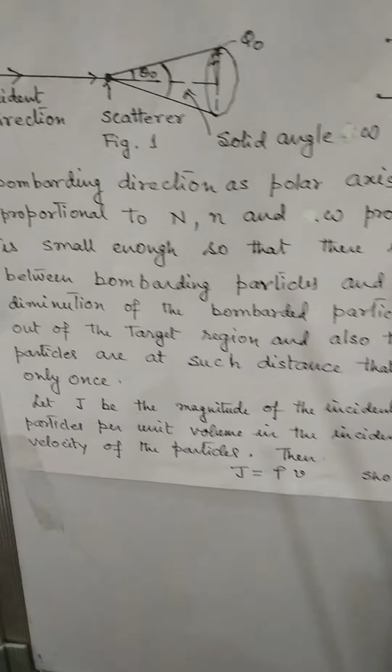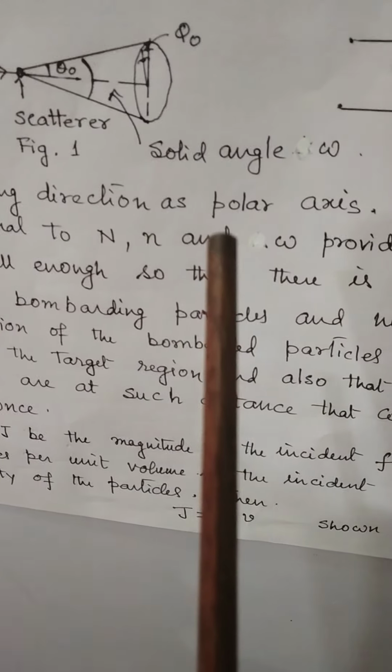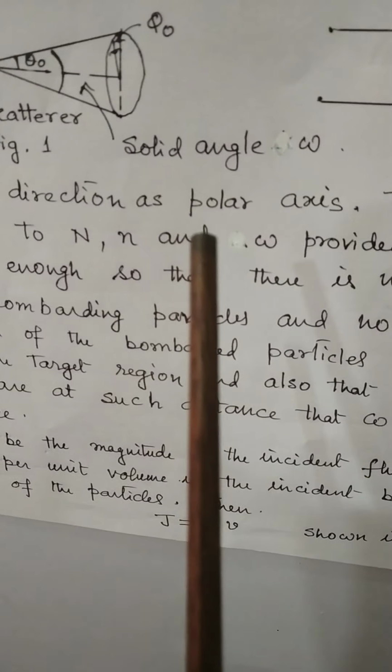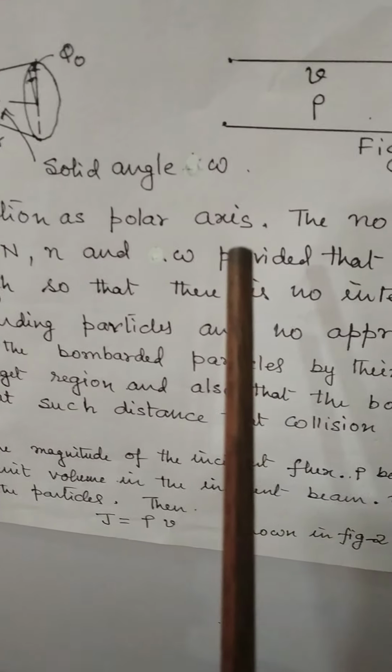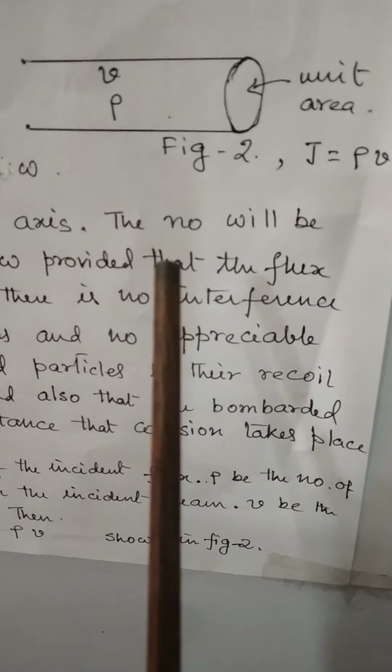The bombarding direction makes an angle of theta 0 and phi 0.